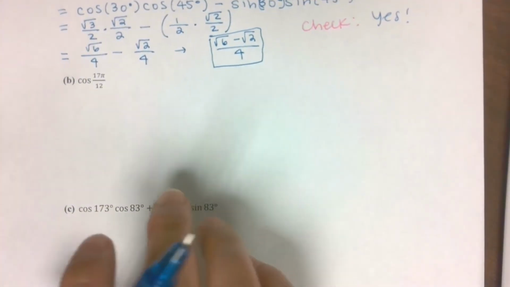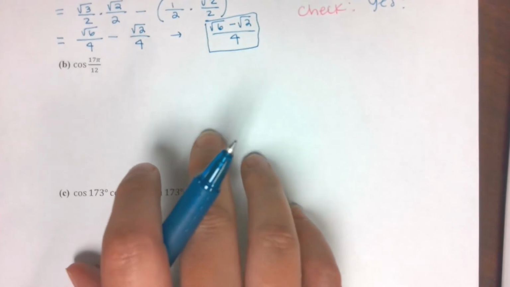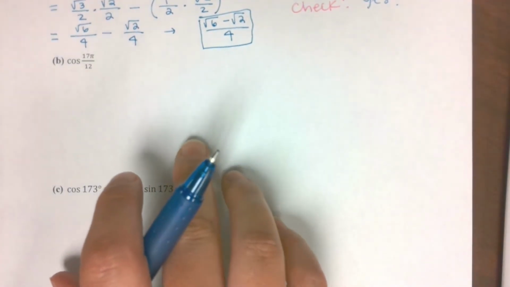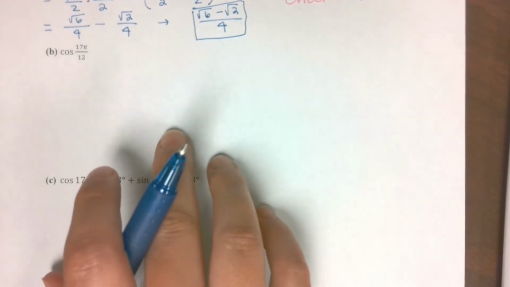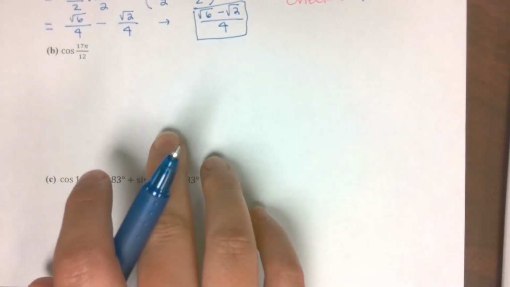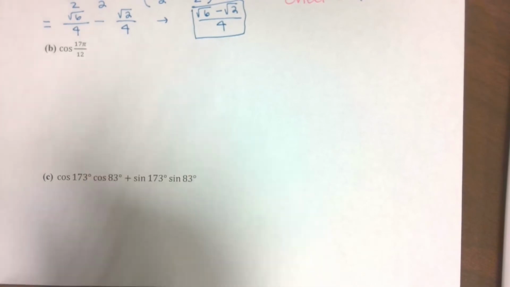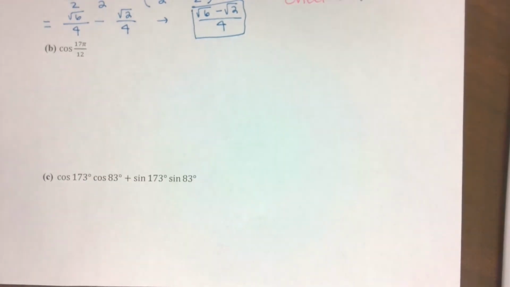For part B, we have an example in radians. We have cosine of 17 pi over 12. A couple things here. If you wanted to change it into degrees, you could, and then split it up into A plus B, or you can keep it in radians and do it that way.